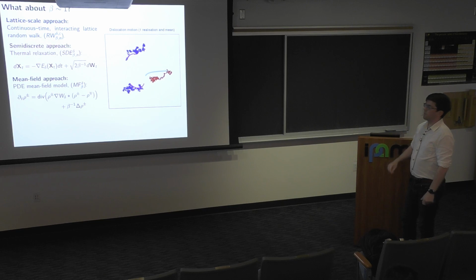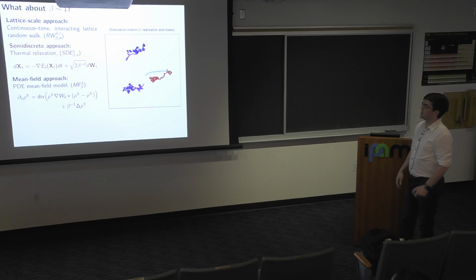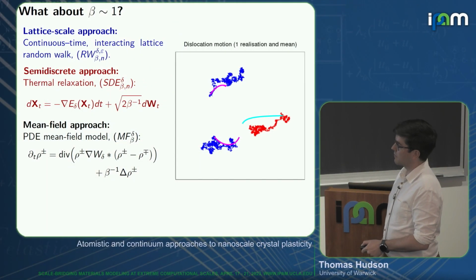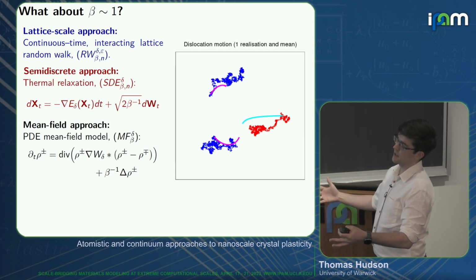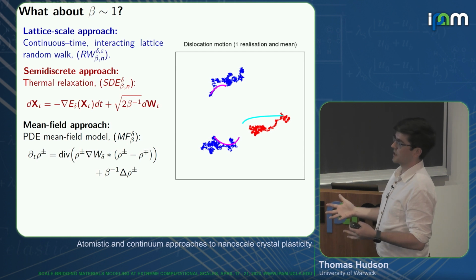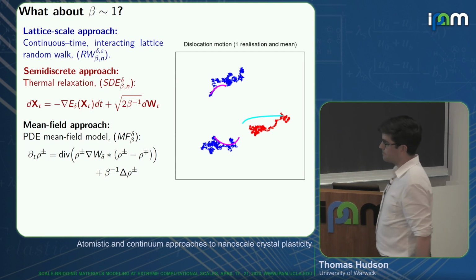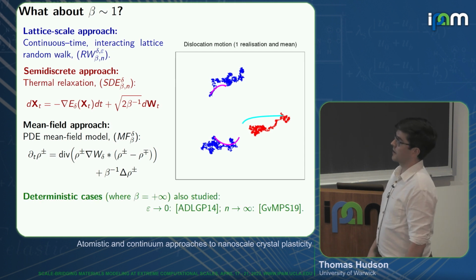And actually, we can go even further, because this is what I was alluding to at the end of yesterday when I asked the question. There's also a mean field theory where I can start to think about very many dislocations all interacting together and what the density of dislocations should do in that case. So we've got these different levels of theory, and we want to potentially connect these together as well.